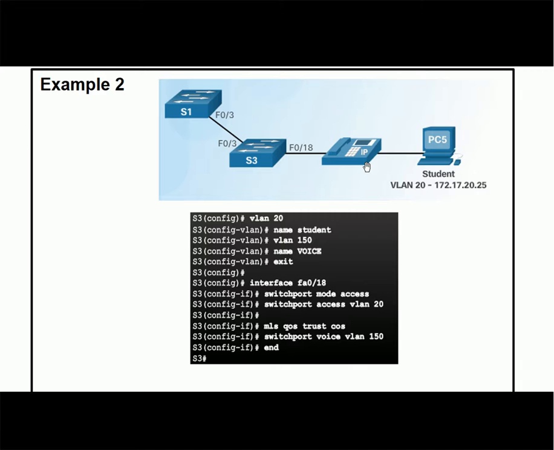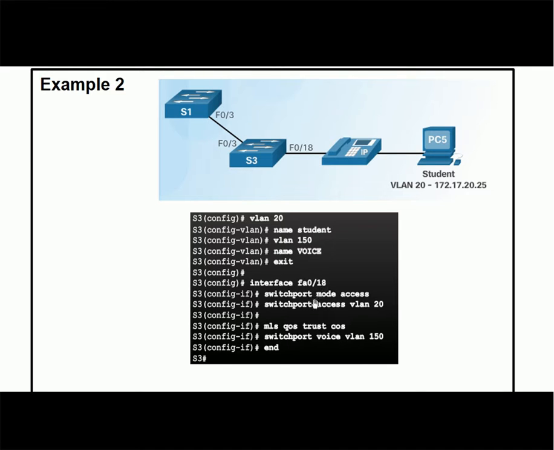So here we have VLAN 20, we give the name student to that VLAN, so that's the data VLAN. VLAN 150, name voice, so for voice traffic we are assigning VLAN 150, and we named it voice. Okay, exit, interface port 18, so we now specify port 18, because that's what PC5 and the IP phone are connected to.